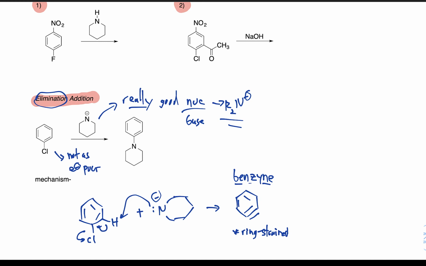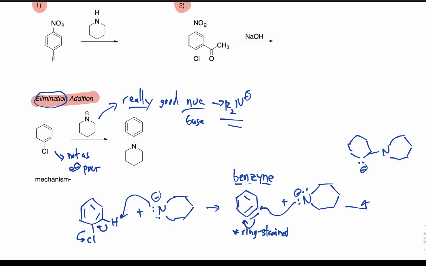So what ends up happening is we have another equivalent of that N minus, which now acts as our nucleophile to come in here and generate our anion, which will get protonated by something.